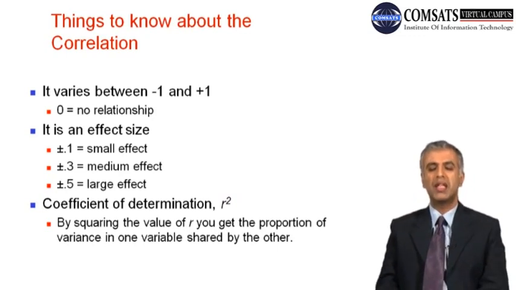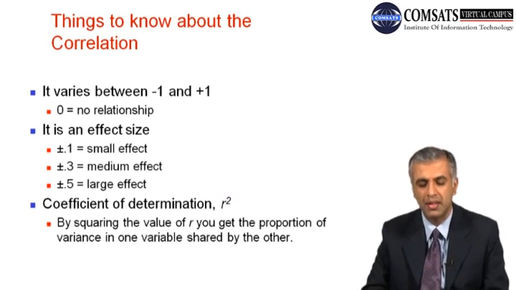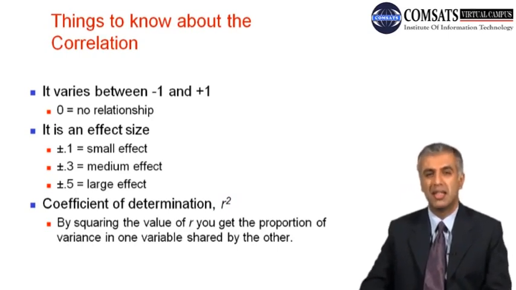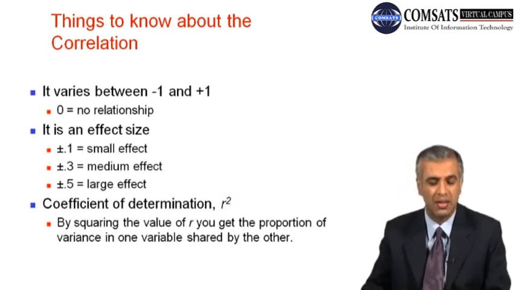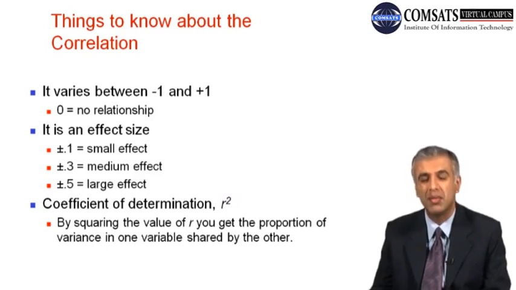If we take the square of this R, we end up with another coefficient called the coefficient of determination. This R square gives us the proportion of variance shared by the other variable, which is very important information about the intensity of variance shared between any two variables.